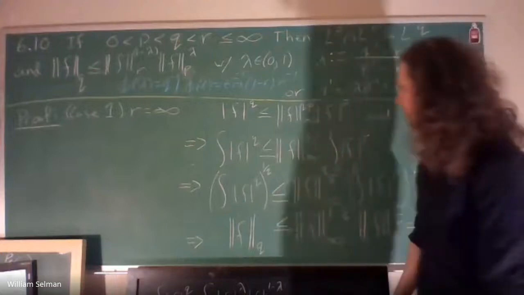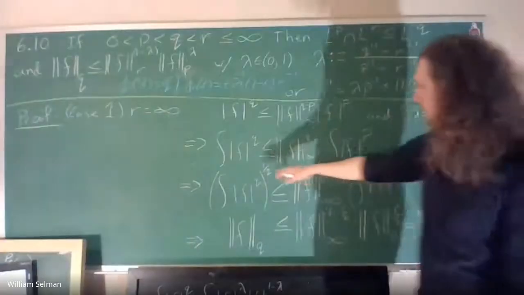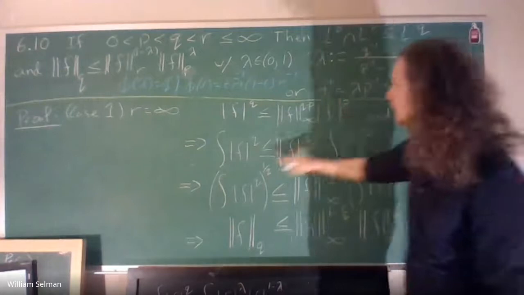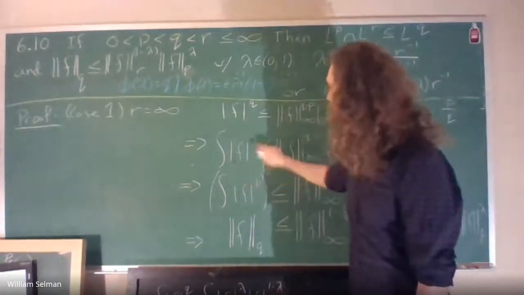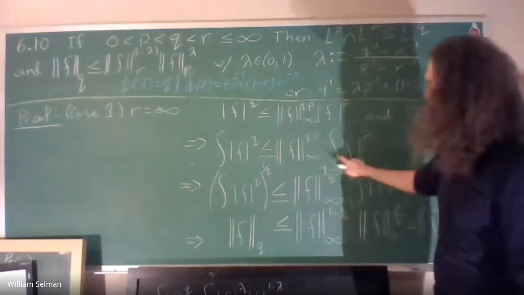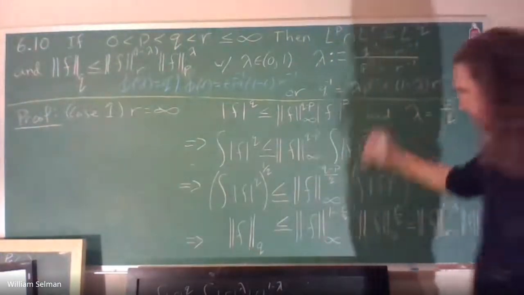What we get from here is that we take the integral of both sides of this inequality. So we have the integral of the absolute value of f to the q, and on this side the uniform norm is just a constant, so it pops out of the integral, and we have the integral of the absolute value of f to the p.